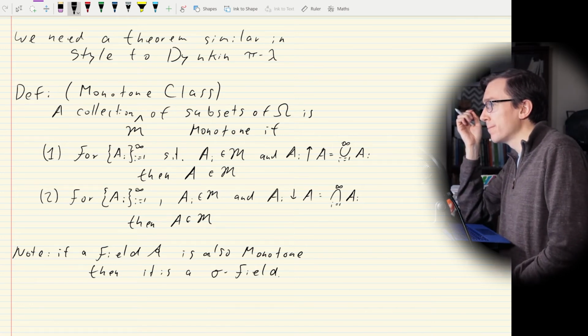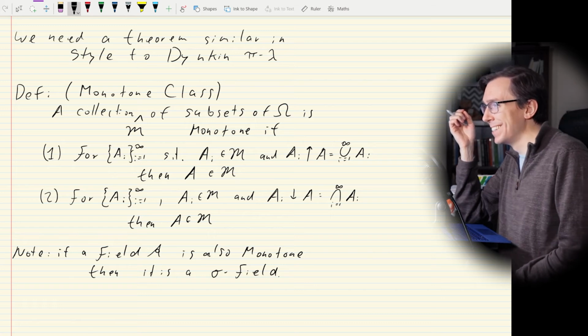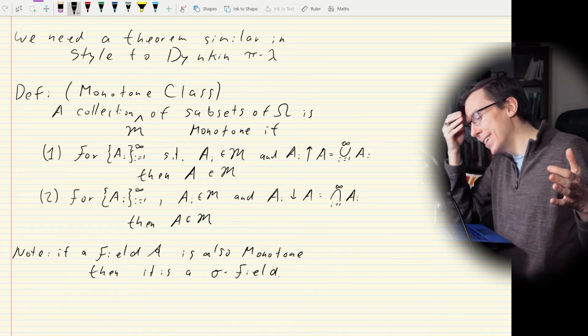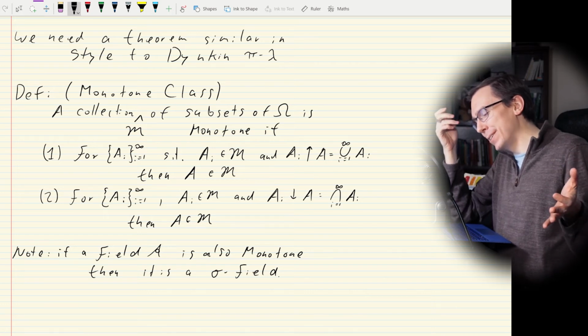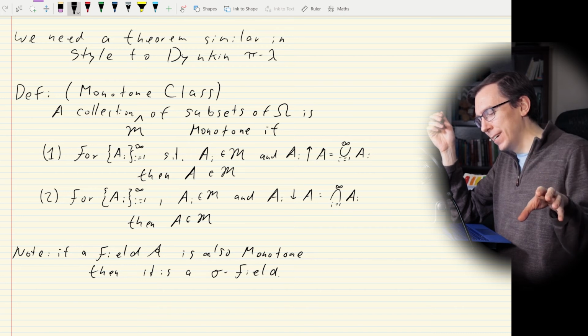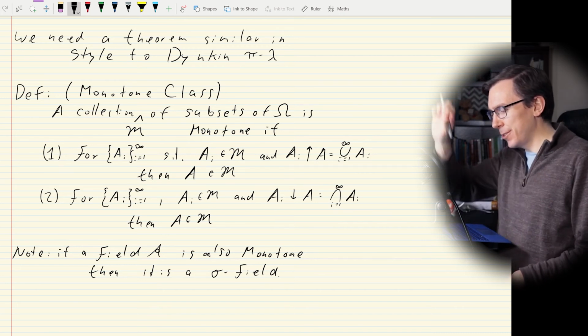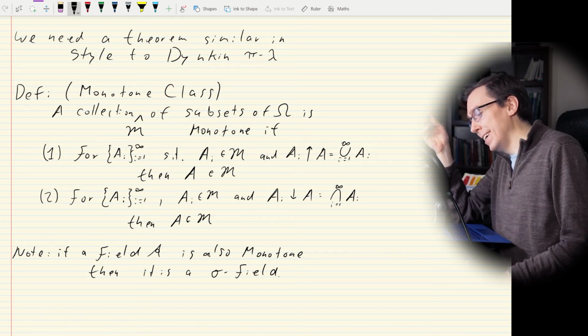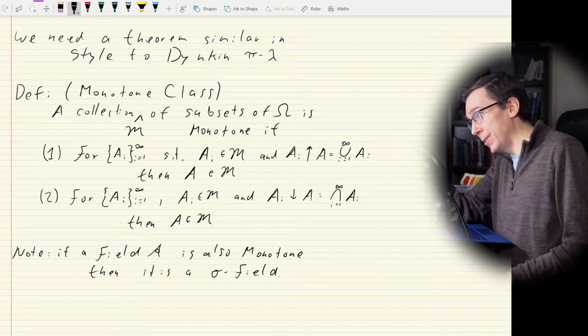Okay. I guess that makes sense, right? You can think about that. If you have a field, you have up to finite unions. The only thing you're missing is countable unions. So you would just have to check that having a field that is closed under these increasing and decreasing sequences of sets will get me countable unions.